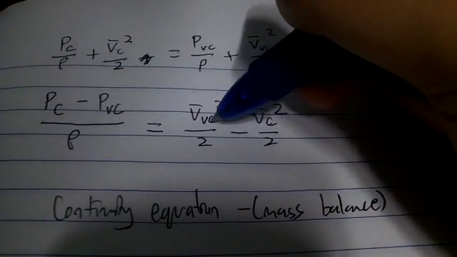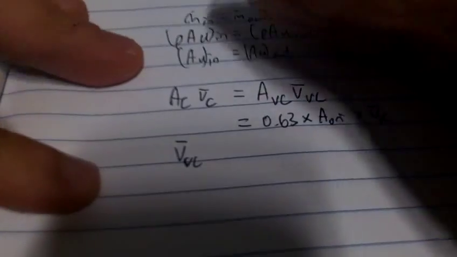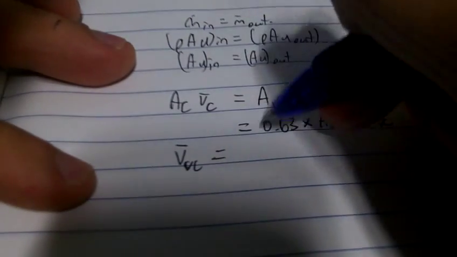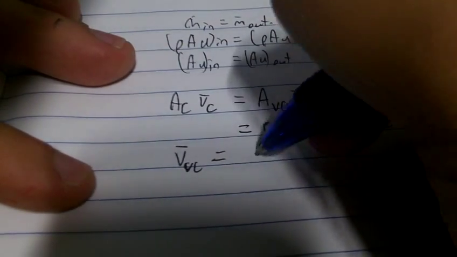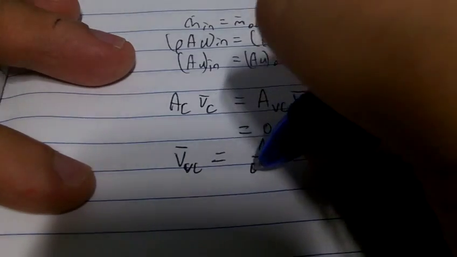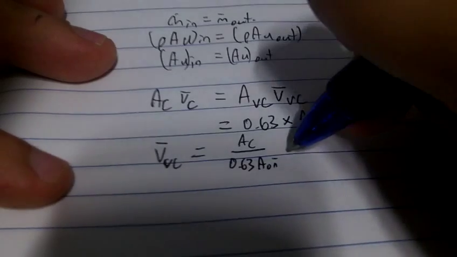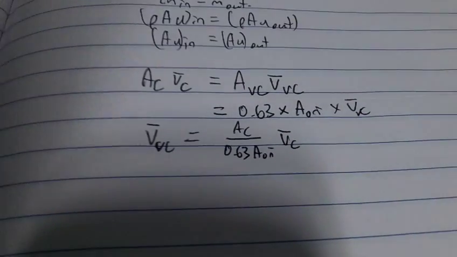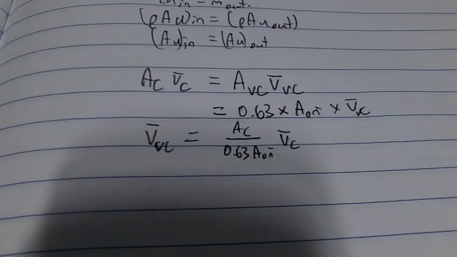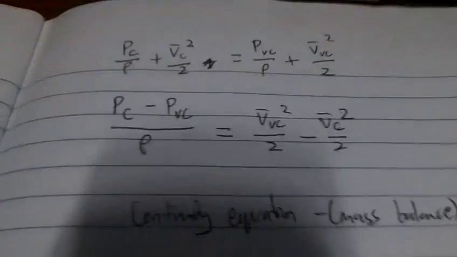Next, we want to make V_VC the subject, because what we want to do is get rid of this. So V_VC equals A_C over 0.63 A orifice, times V_C. Now let's put this back into our equation here.